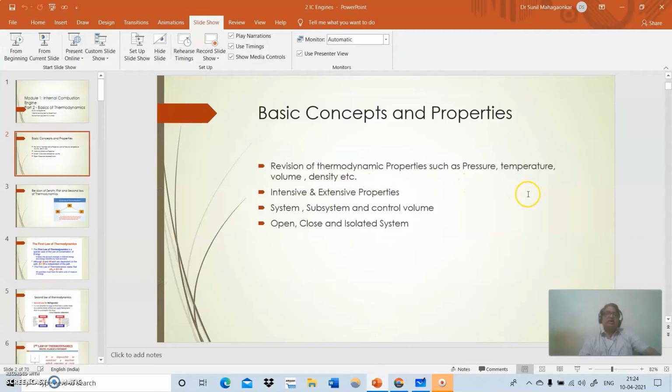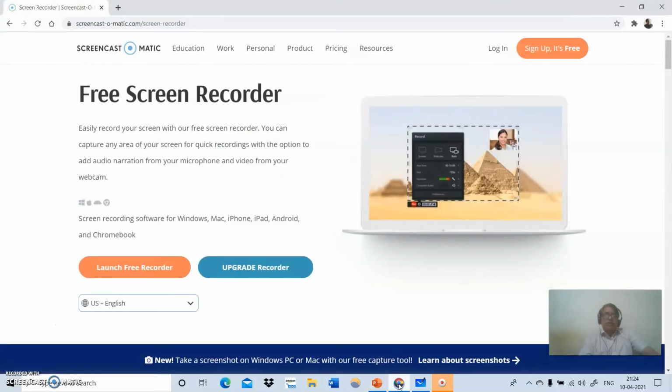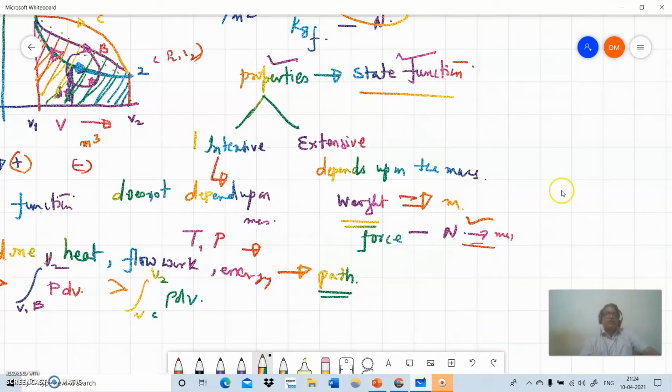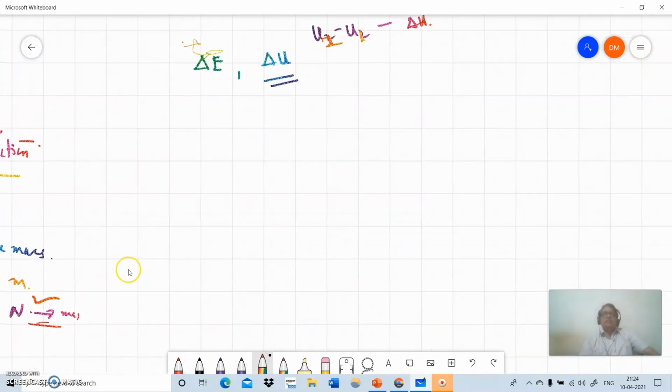I have just discussed what pressure, temperature, volume and density are. Intensive and extensive properties we have already discussed. Now we will go for the system, subsystem and control volume. A system is one on which the study is focused, right? Take a particular system in power plant engineering.